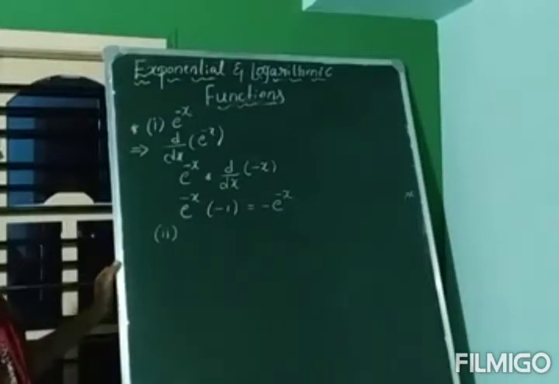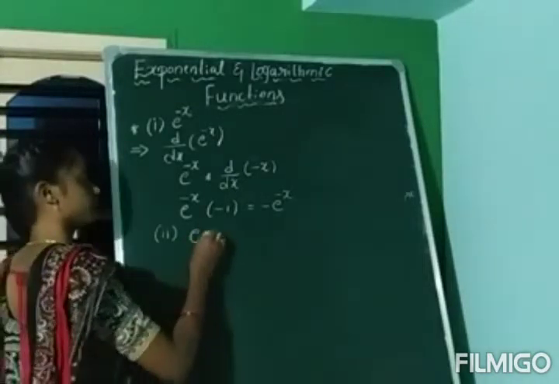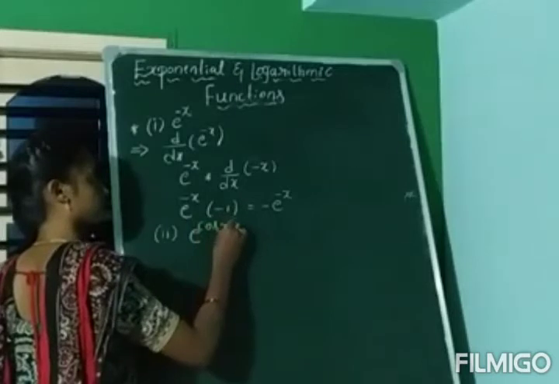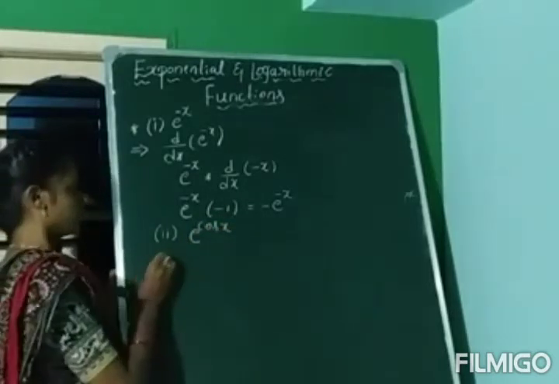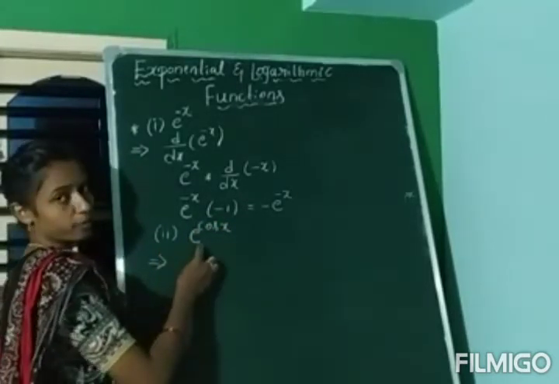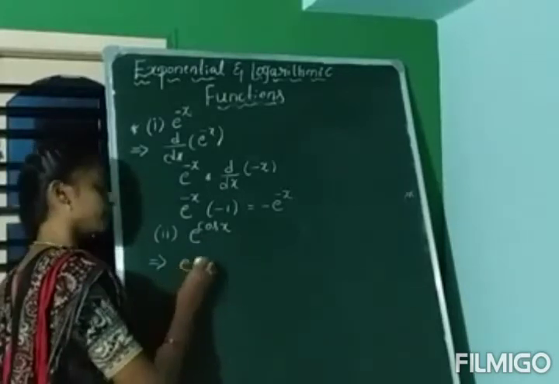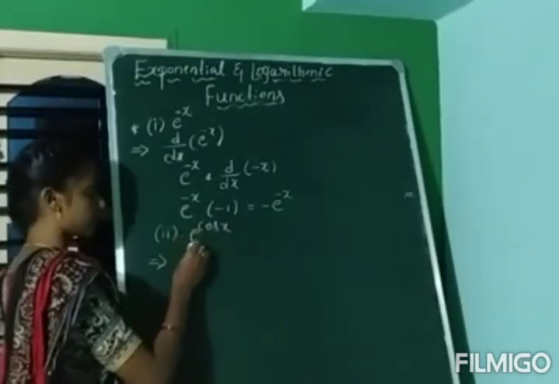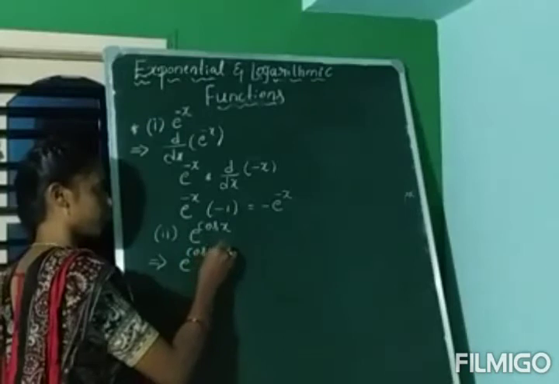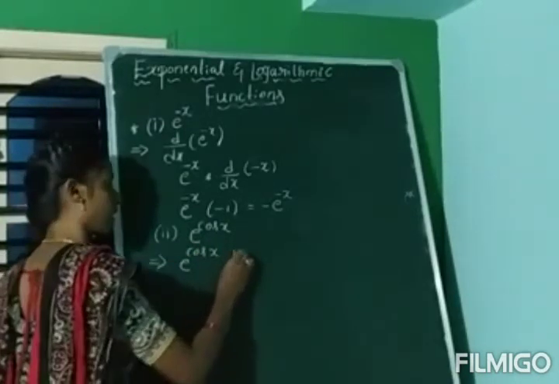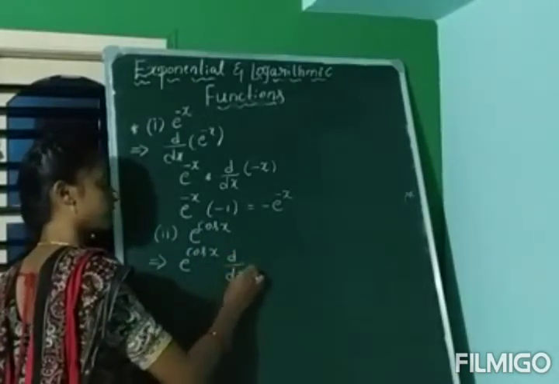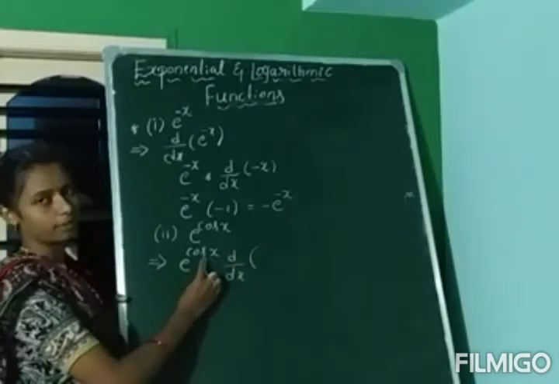So the second one is e power cos x. The derivative of e power cos x: write the given exponential function as it is. Then differentiate the power of e separately.